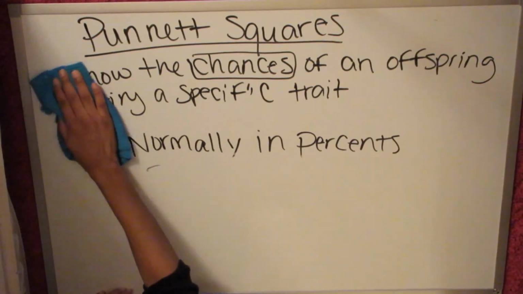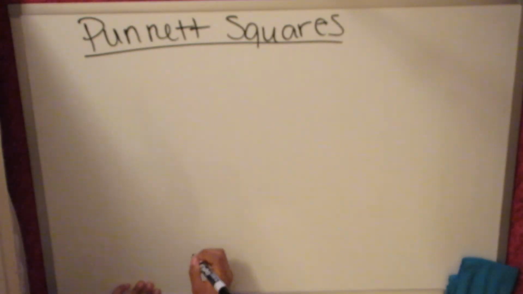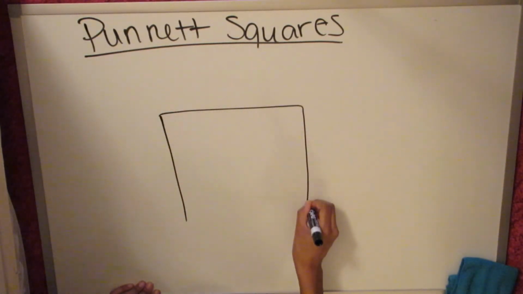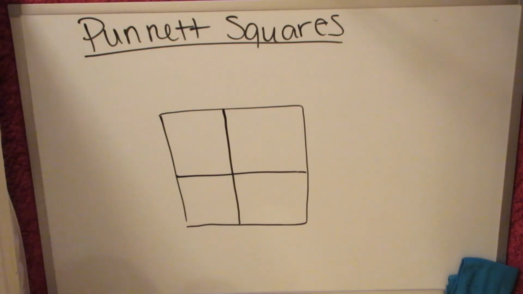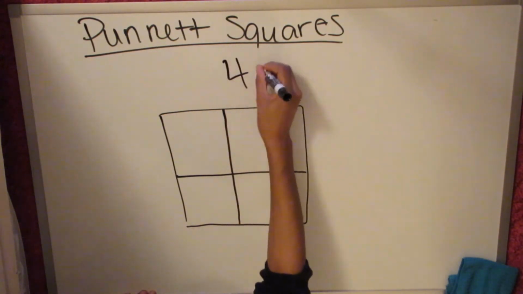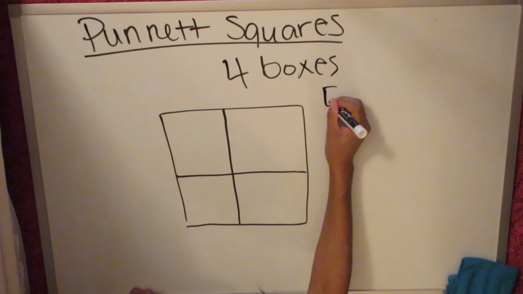I'm going to draw out a Punnett square so that you can see how to make sense of that. A Punnett square has 4 boxes. Each box represents 25%. So 25, 25, 25, 25.